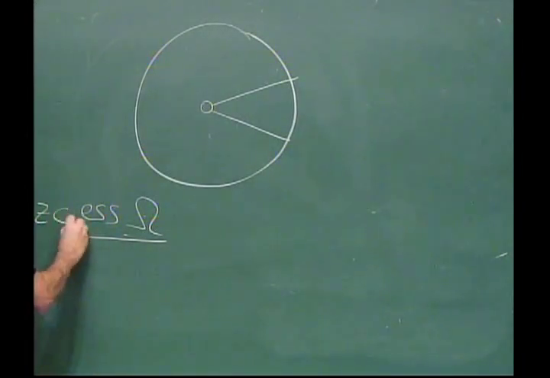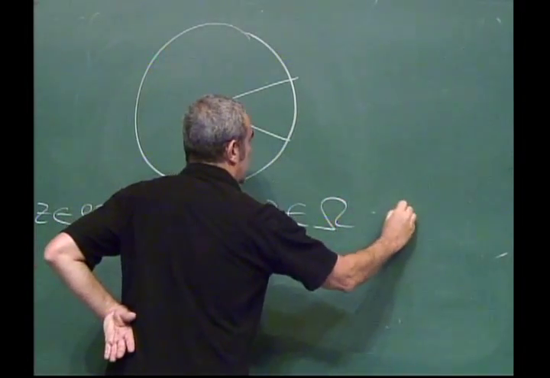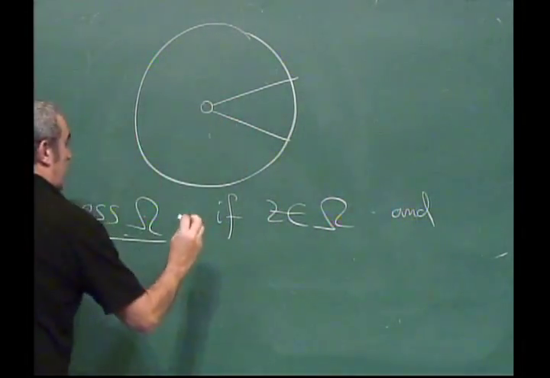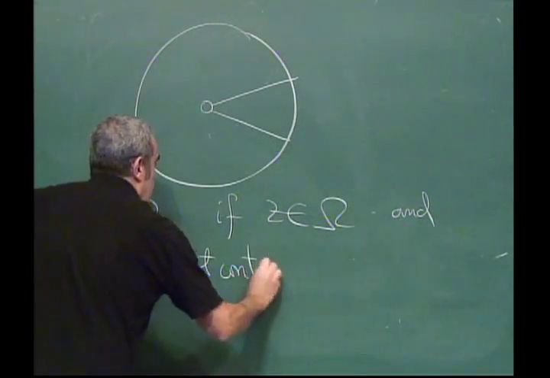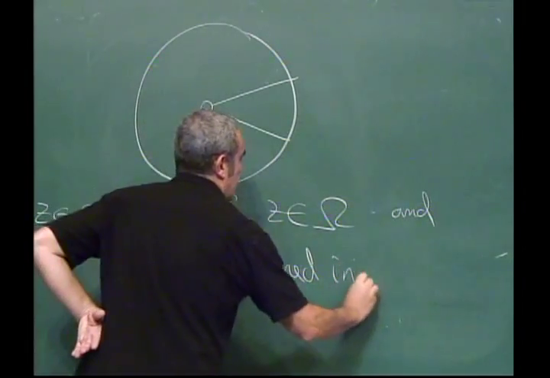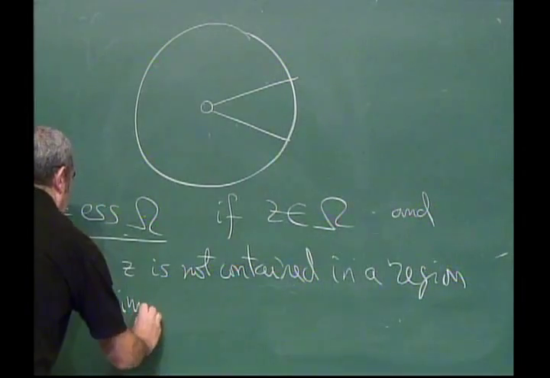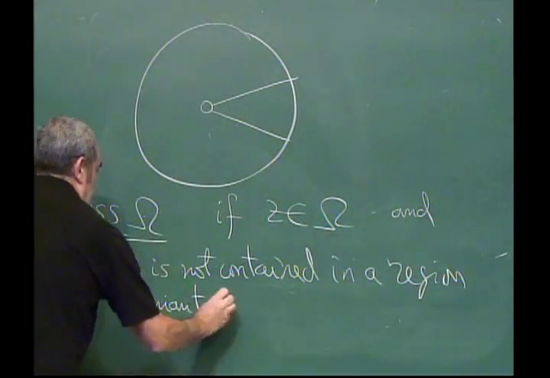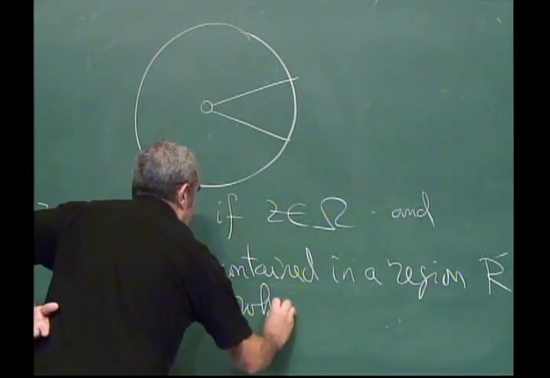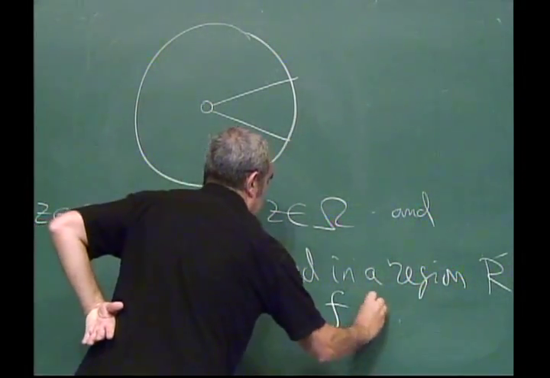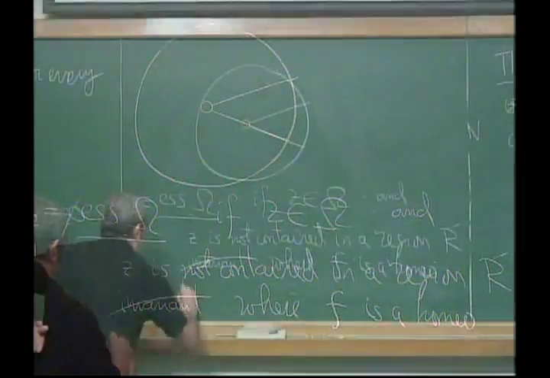Z is an essential non-wandering point if Z is a non-wandering point and Z is not contained in a region R, invariant or periodic, where F is a homeomorphism.